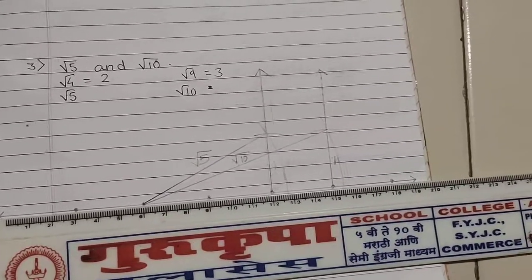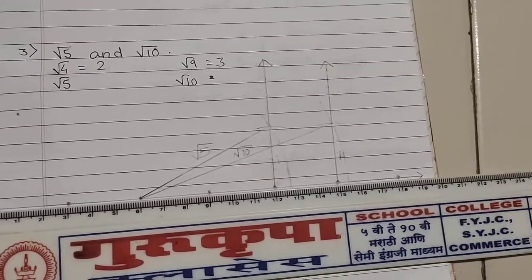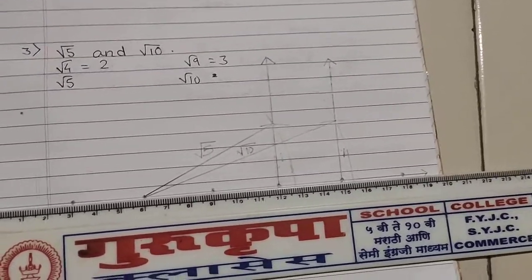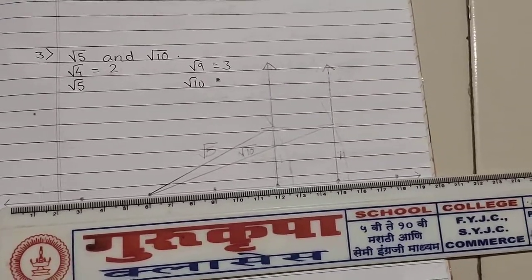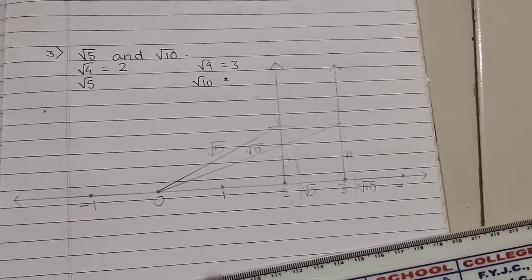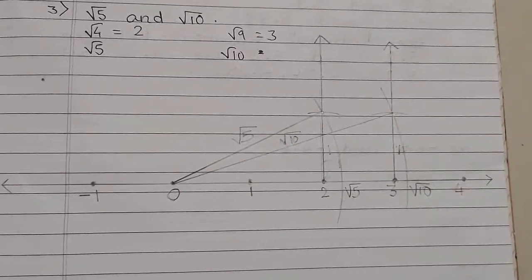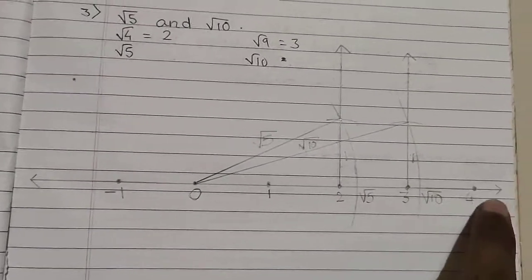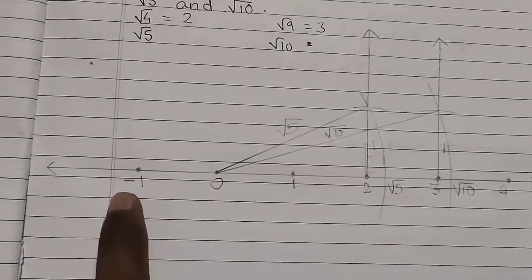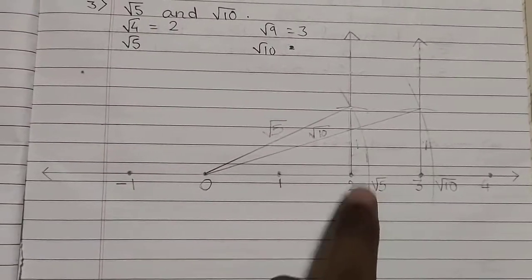What I did, I have taken 3 centimeter distance so that my number line looks proper. So remember you need to take 3 centimeter distance. Then I have numbered those numbers, started from 0, that is 0, 1, 2, 3, 4, and then I have taken one negative number also, that is minus 1. This much is enough.